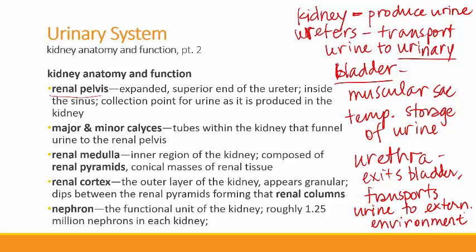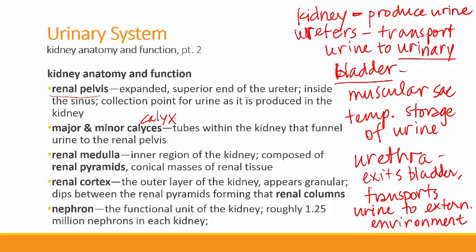The renal pelvis will divide and divide into smaller and smaller chambers that are referred to as the major and minor calyces. The singular for that term is calyx. So a major or a minor calyx, and when there are multiple, we would refer to them as calyces.